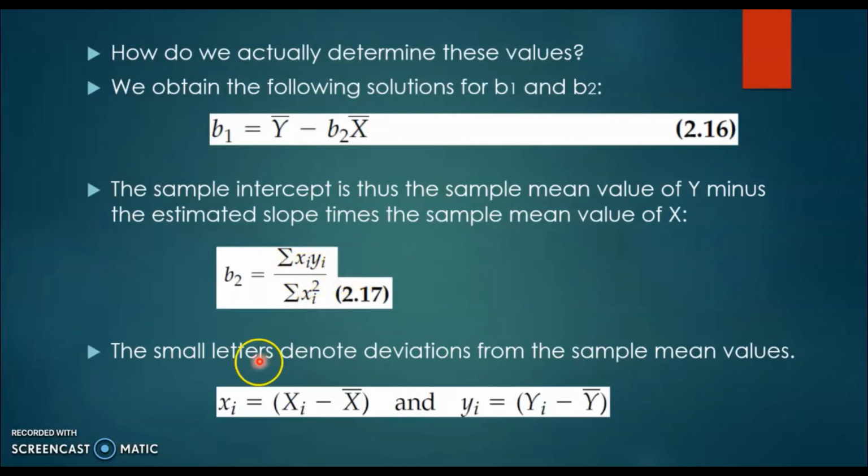Well, these small letters denote the deviation from the sample mean values, where the small letter xi is equal to xi minus x bar, and the small letter yi is equal to yi minus y bar.